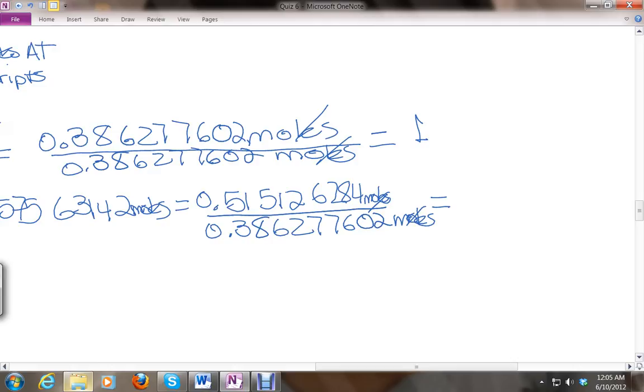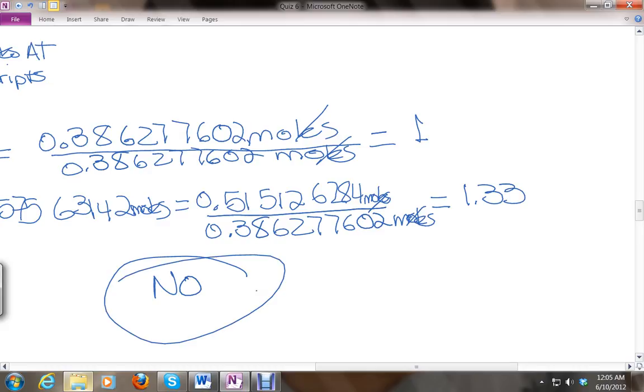And I know why some of you got it wrong, because it's going to give you 1.33. Again, I say it again and again and again: do you round this? No. My tongue is going to fall. No. And that's, I think, the majority of the mistakes.